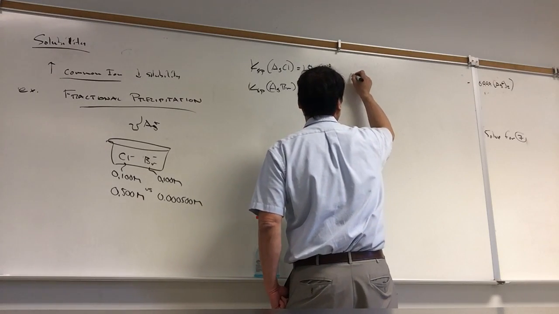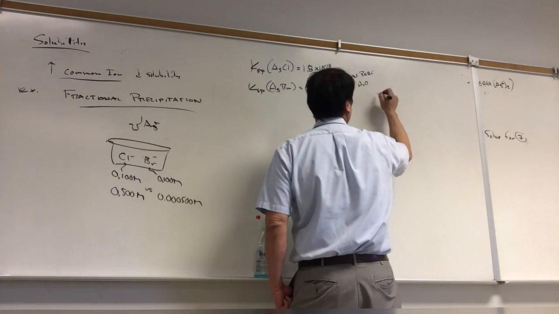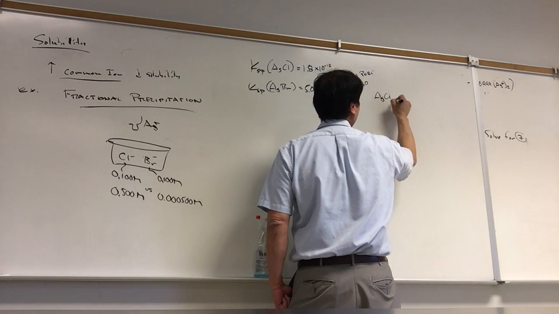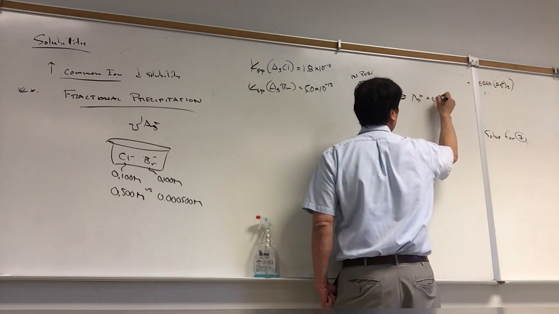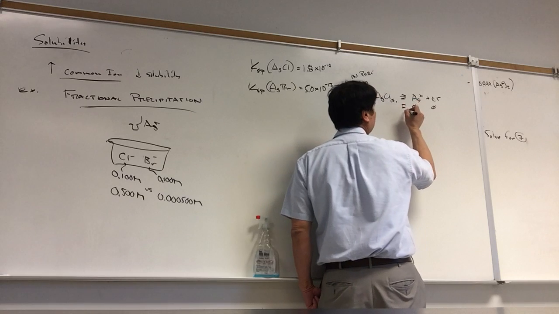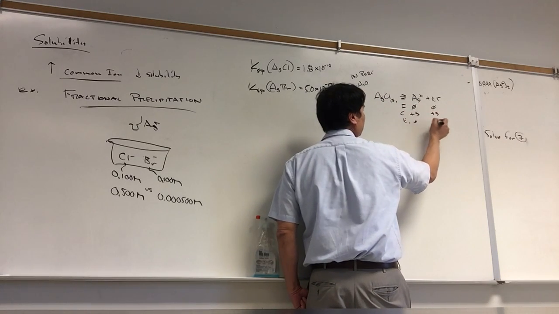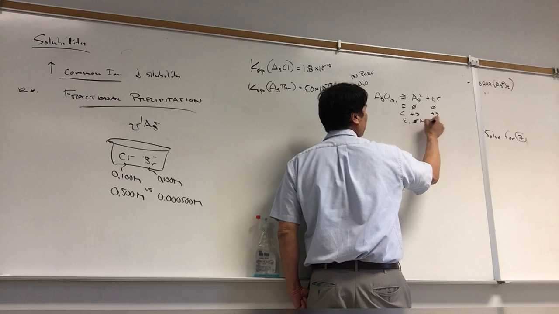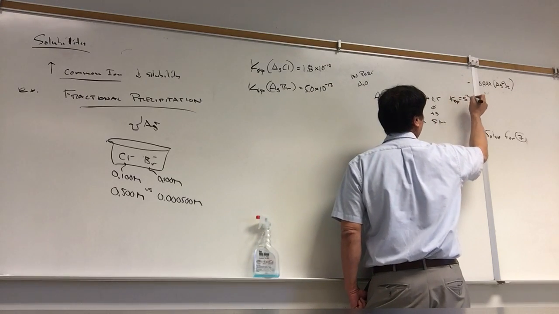So in pure water, all we're looking at is this. Silver chloride solid is going to go to silver ions and chloride ions. And so we start off in pure water, we assume nothing's dissolved. And then this is going to be plus S, this is going to be plus S, and so we're going to end up with S molar and S molar. And so the KSP is equal to S squared.